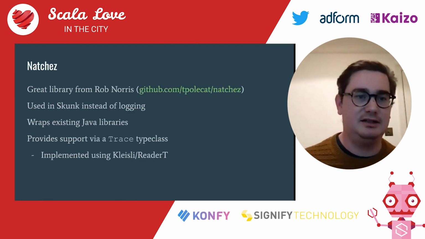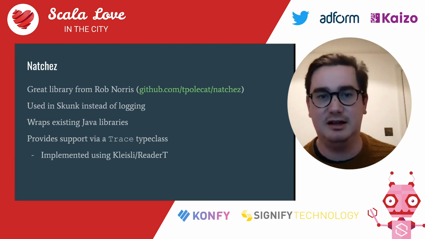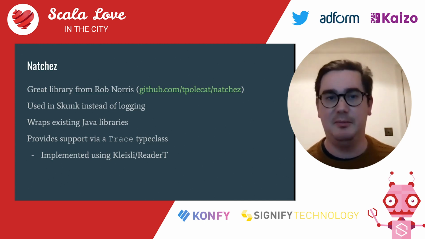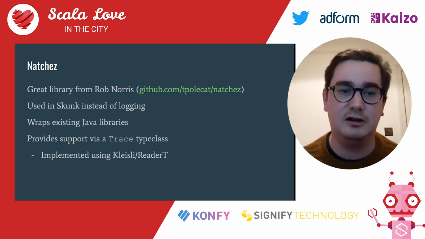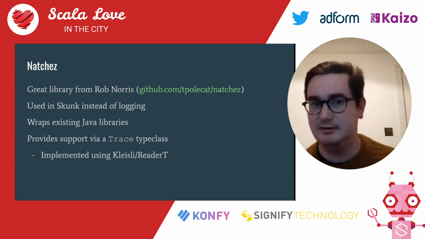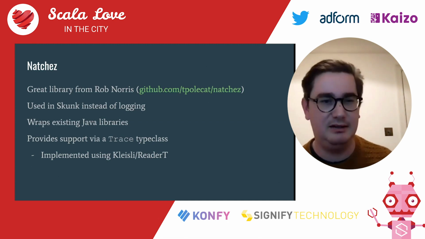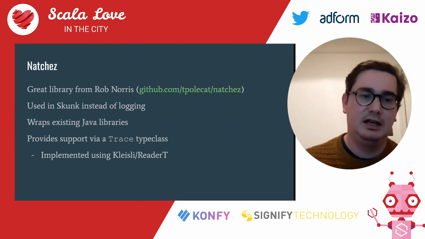So what about Natchez? It's this great library written by Rob Norris. I remember when he released it, it was amazing. And it's used in Skunk. He tends to use it in Skunk instead of logging. He's written a rationale for this, I believe, on the Skunk GitHub, so that's quite a good read.